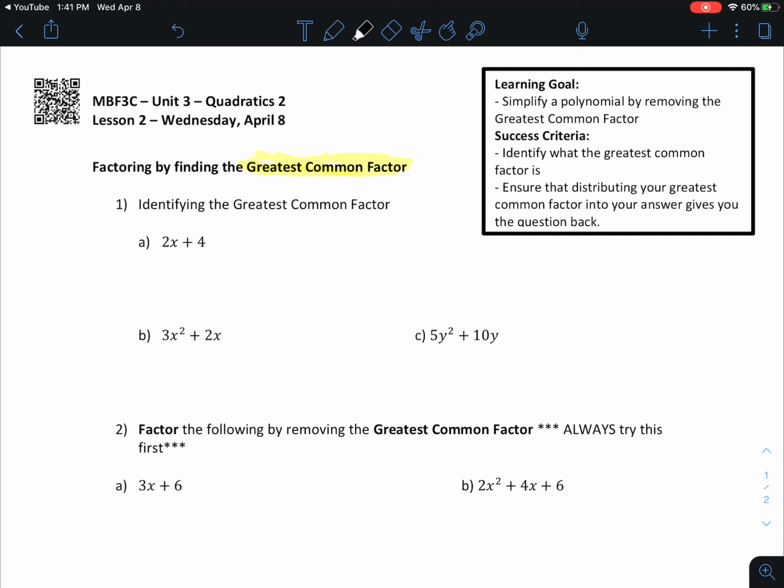can look a few different ways. So I'm going to point you in the direction that there are 2 things you're looking for when you're looking at the greatest common factor.